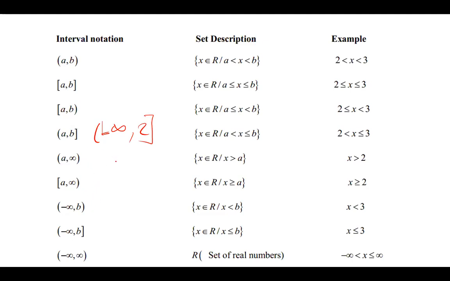The same applies to the positive infinity symbol; there's also always an open bracket. As long as it's an infinite symbol, we're simply using an open bracket. And on the last part, when you talk about numbers from negative infinity to positive infinity, we're simply talking about the set of real numbers.